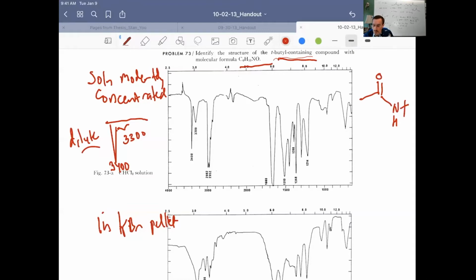And what we're seeing over here, it's in chloroform solution, but you have mass action and more concentrated, you have more of a hydrogen bonded NH stretch.